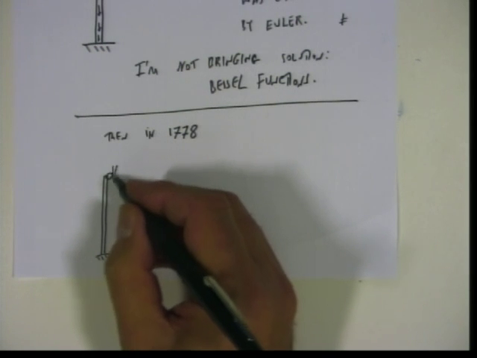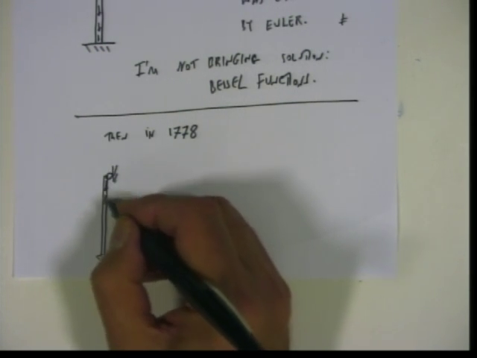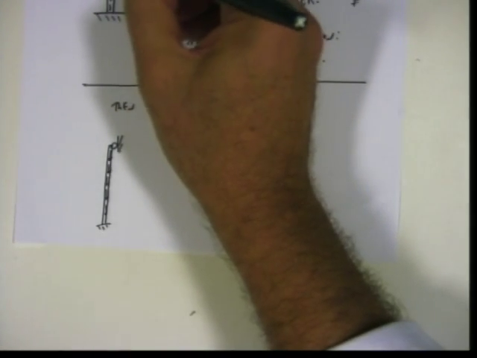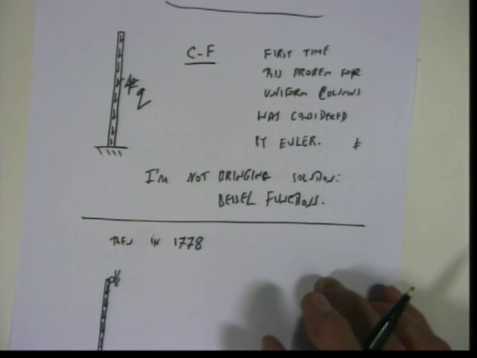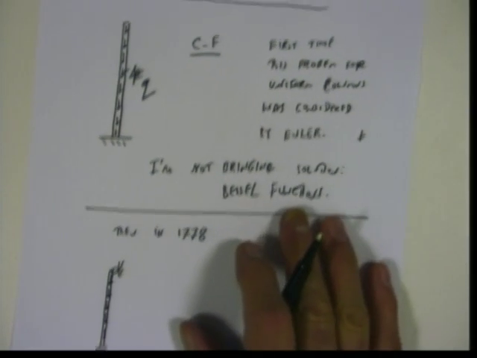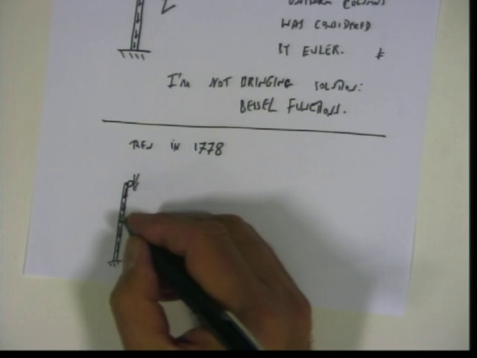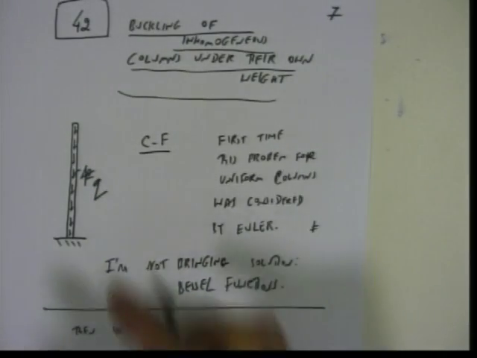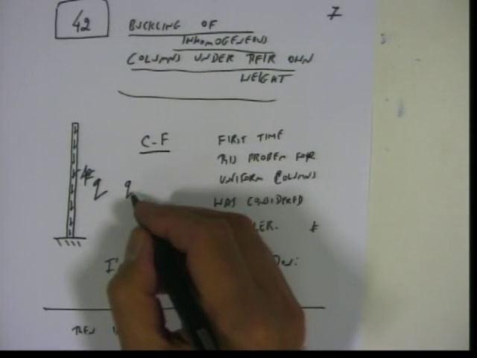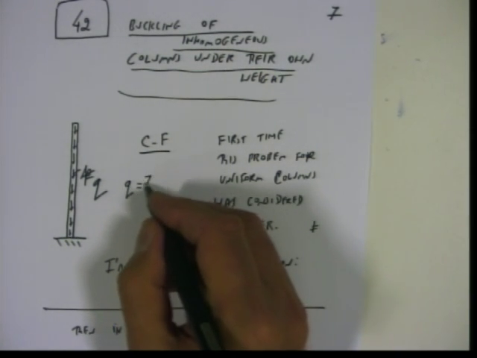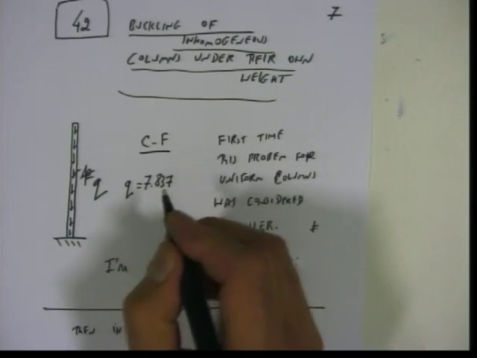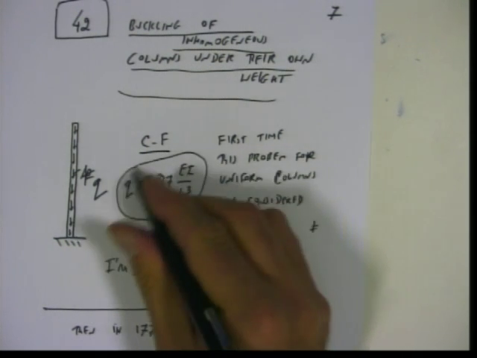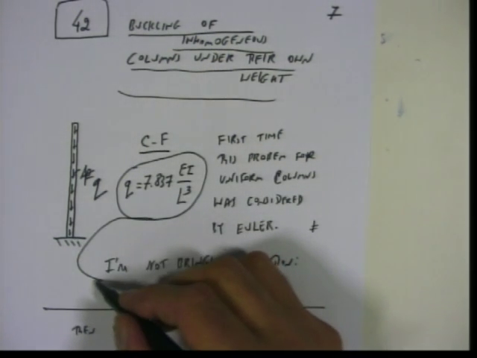And this is simply supported. I said here P, but let us write q, small q, because that is intensity of loading. So this is q. By the way, in this particular case, this q equals 7.837 EI over L cubed. And it is obtained by Bessel functions.